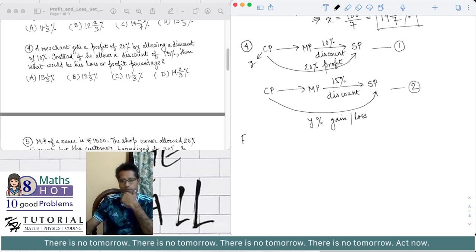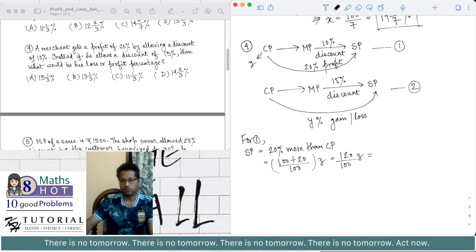For case 1, we can say the selling price is 20% more than cost price. This is equal to 100 plus 20 divided by 100 multiplied by z. This is equal to 120 by 100 z. This is equal to 6z by 5.